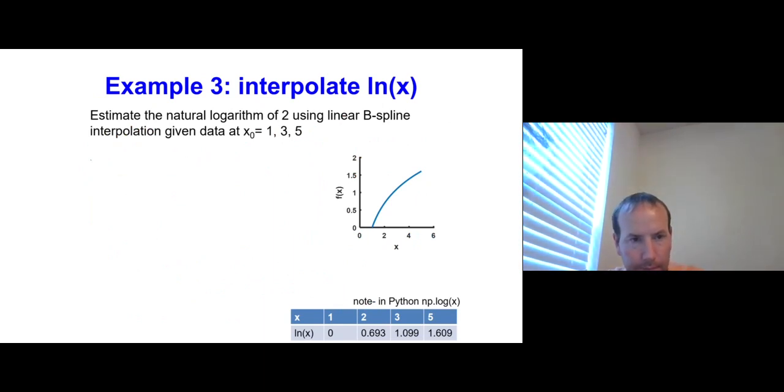So B of X equals the max of 1 minus, and in this case, our step size is 2, because we're looking at using data at 1, 3, and 5, and so our step size is 2.